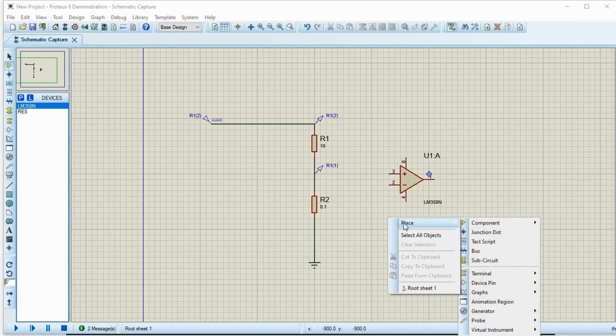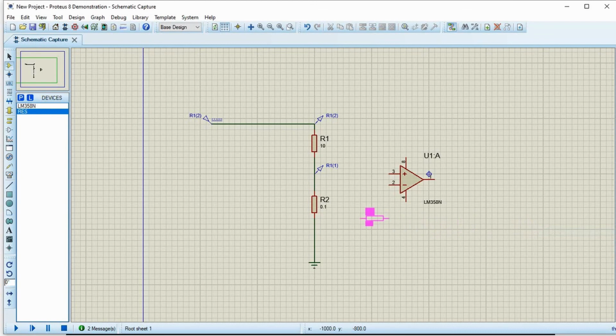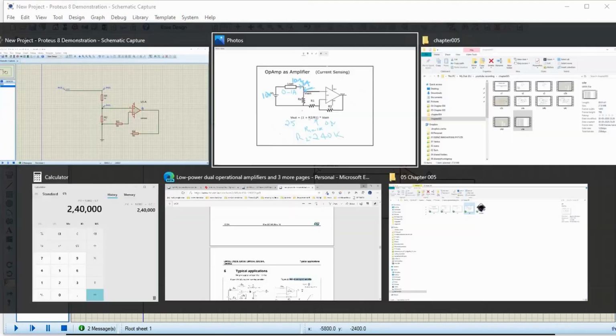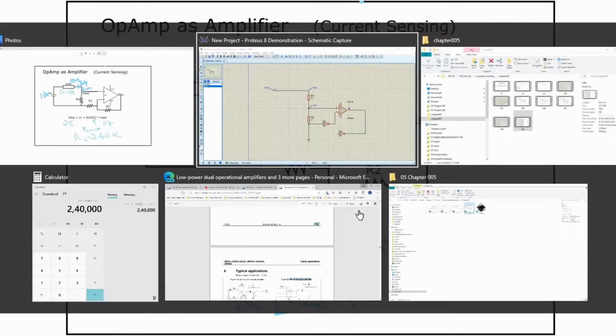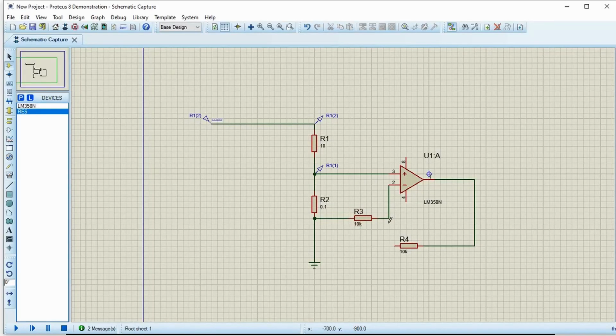Let's place R1 and R2, R1 as 10k and R2 as 240k.